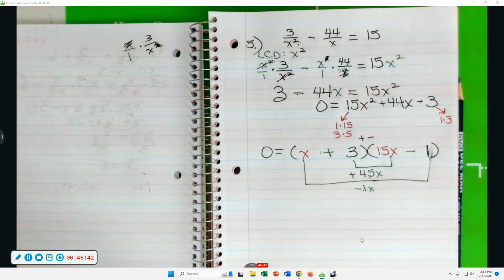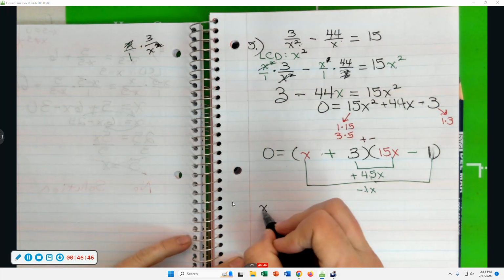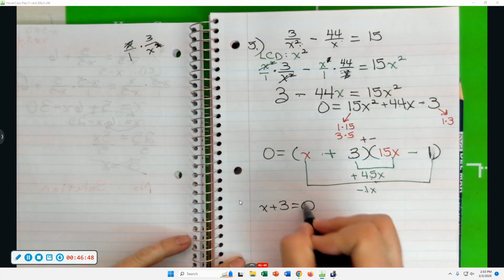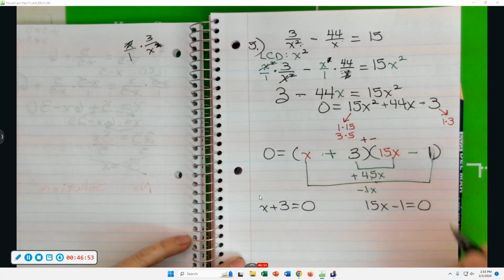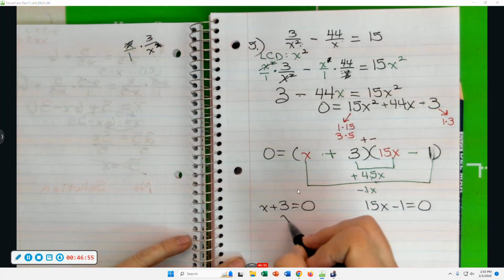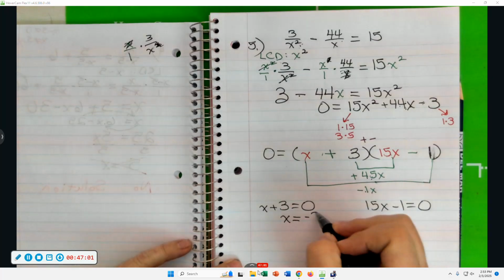Set each factor equal to 0. Set x plus 3 equal to 0. Set 15x minus 1 equal to 0. That says that x equals negative 3.